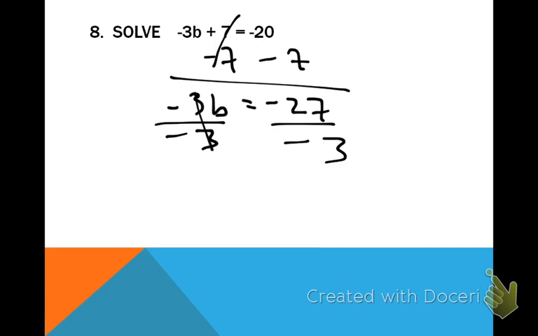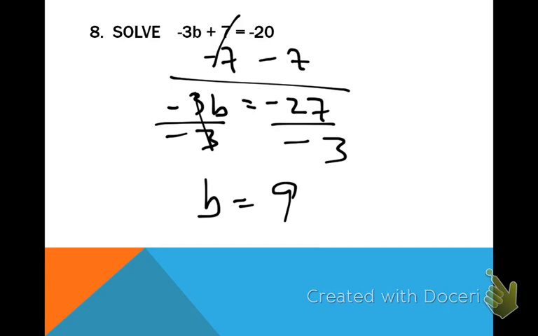Good. And our equivalent equation becomes? Equals what? 9. Okay, good. Any major issues getting there?